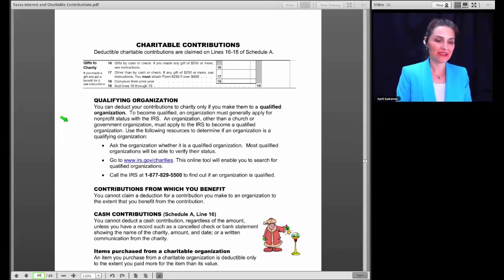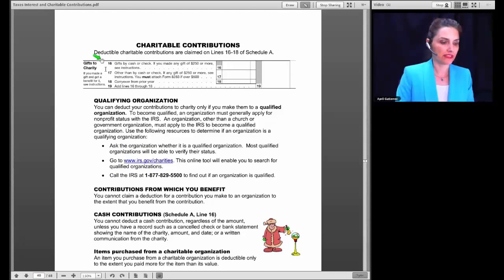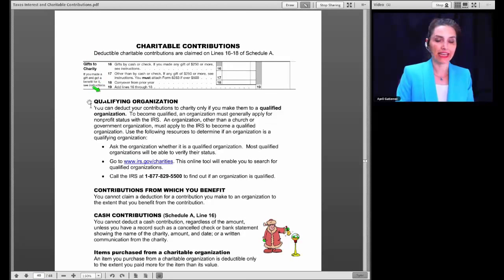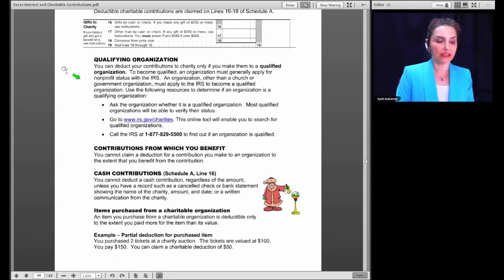And on page 40, we're going to begin this last part of today's class with a discussion of charitable contributions. When you claim contributions on Schedule A, they are claimed on lines 16, 17, 18, and 19, and we're going to be talking about those lines now. Firstly, to claim any kind of a deduction for contributions to charity, you must make those contributions to a qualifying organization.